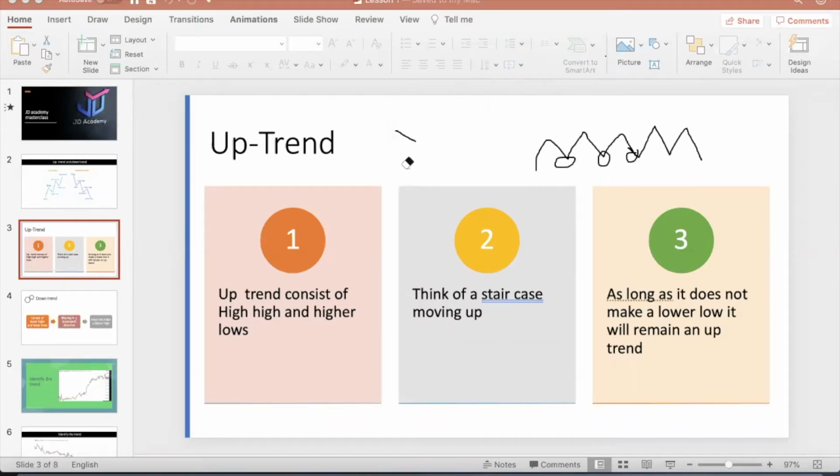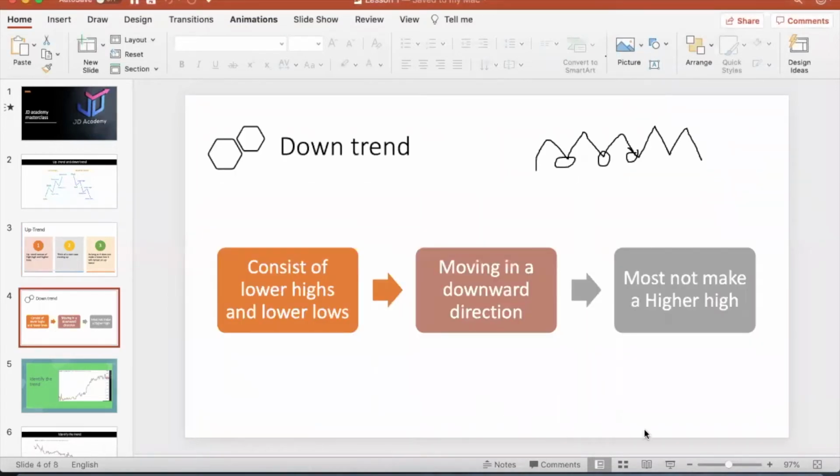With that being said, downtrends make lower highs and lower lows. The downtrend is just the opposite of the uptrend. Let me go back to the uptrend.